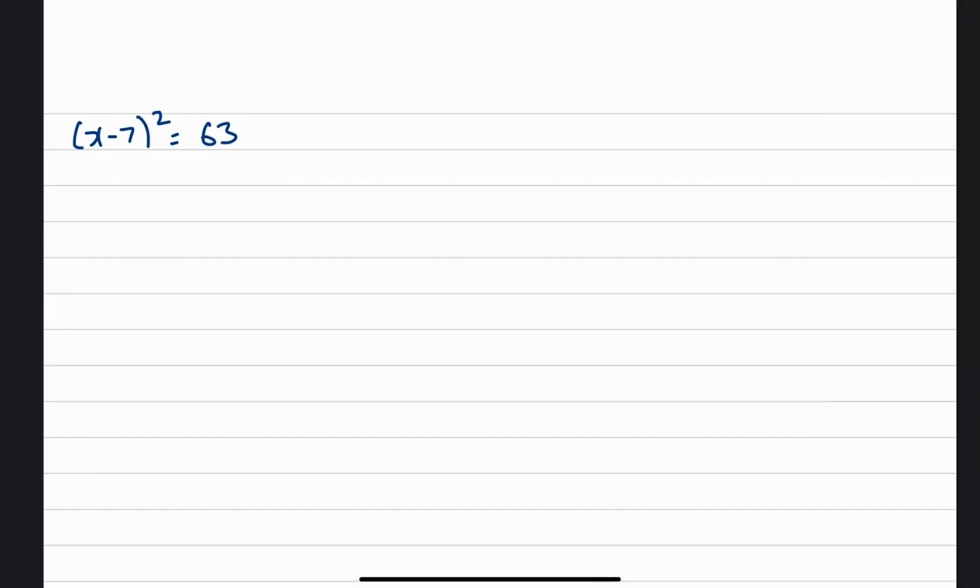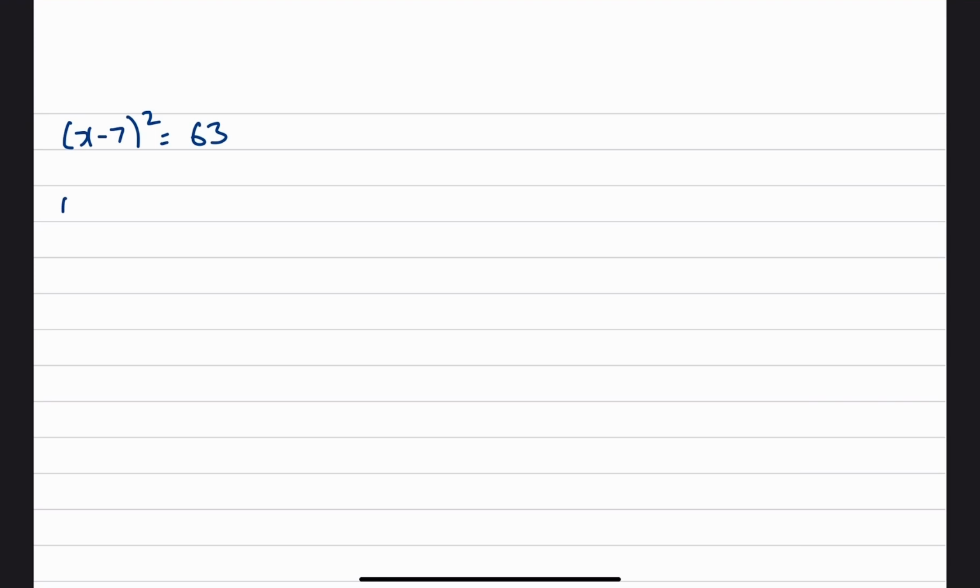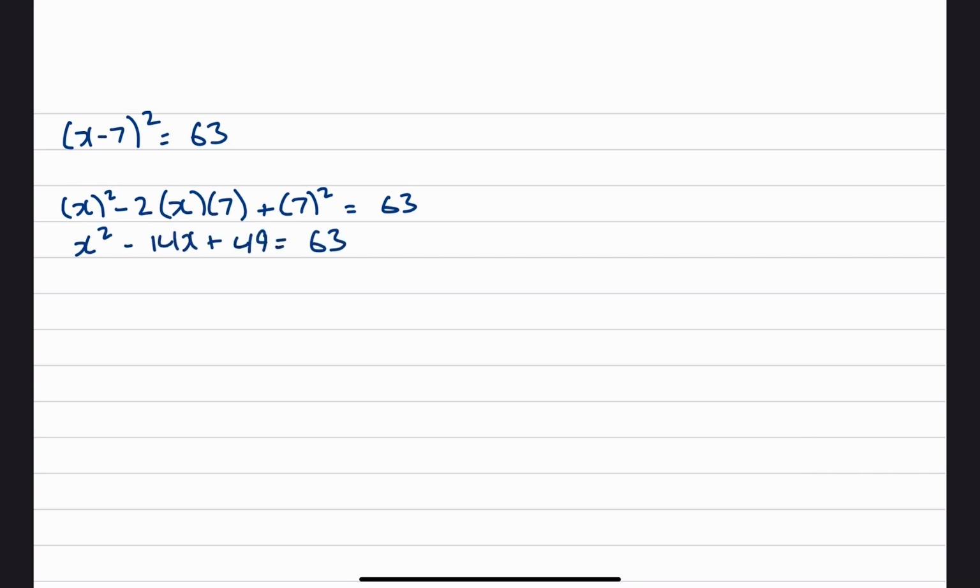So when we expand x minus 7 whole squared, this opens up into x squared minus 2 times x times 7 plus 7 whole squared equals 63. So x squared minus 14x plus 49 equals 63.